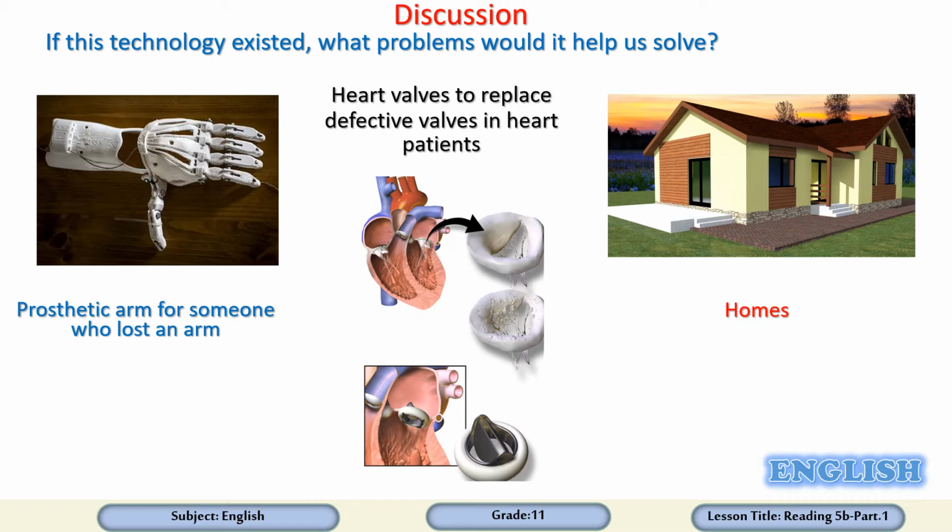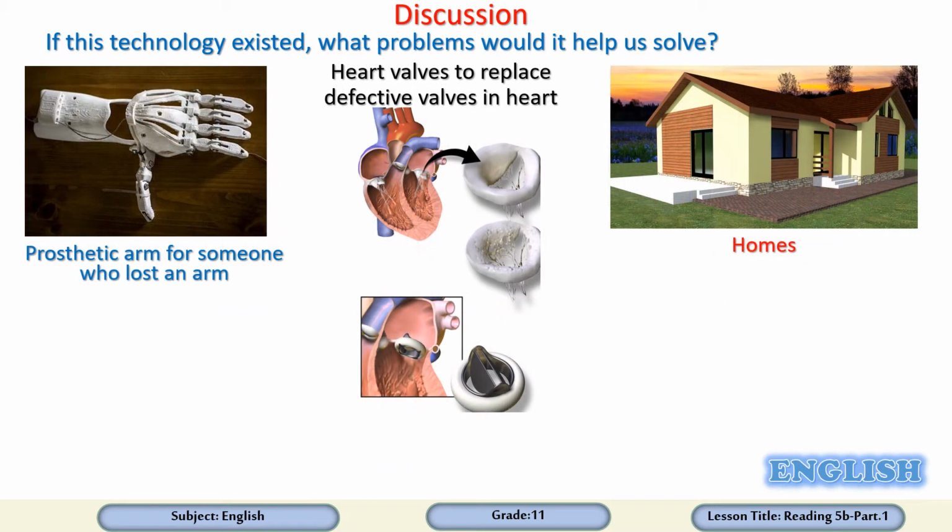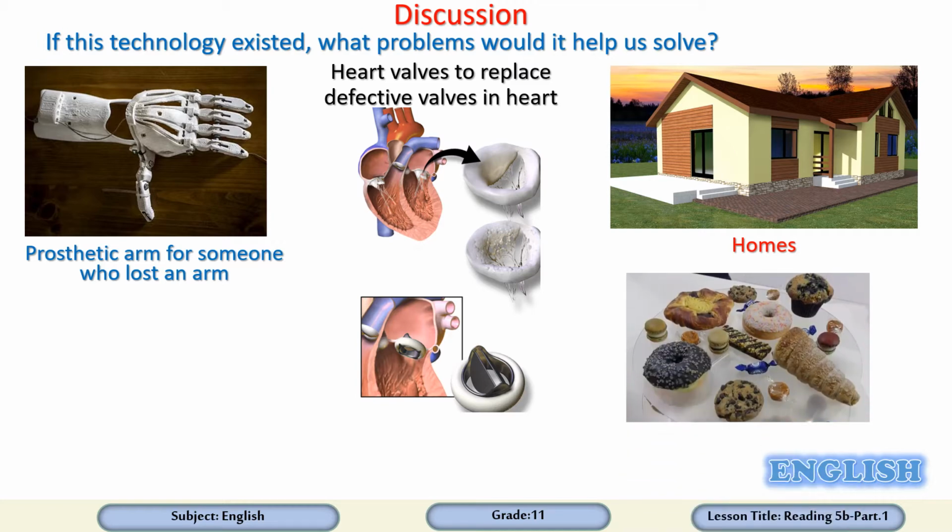So we can build or replicate homes in a short time. Yes, in what other ways can we use this machine or device? Yes, very good. We can use it to replicate food, or, excellent answer, we can use it to replicate or make medicine.